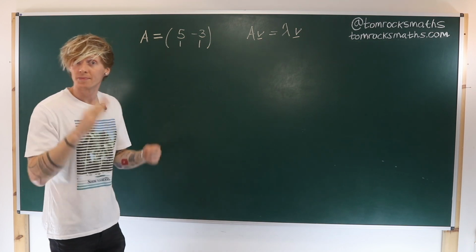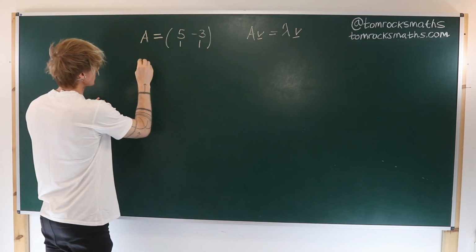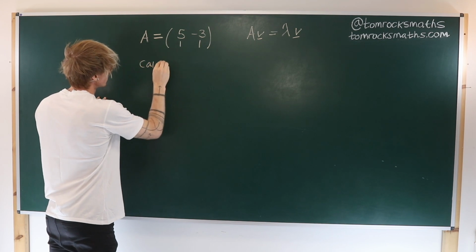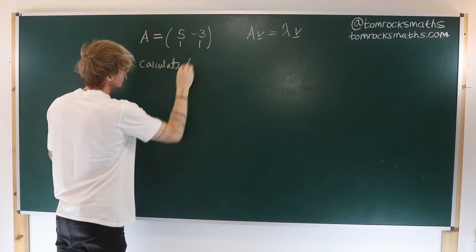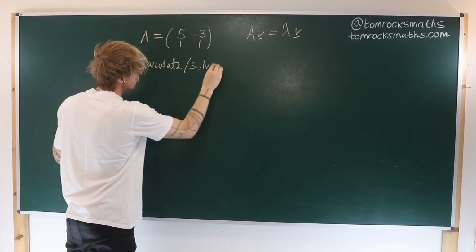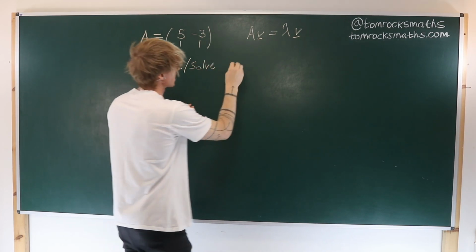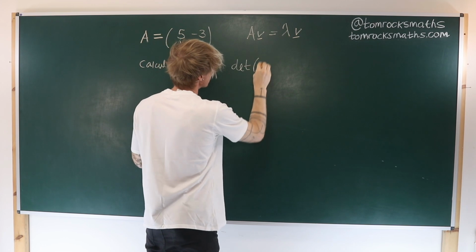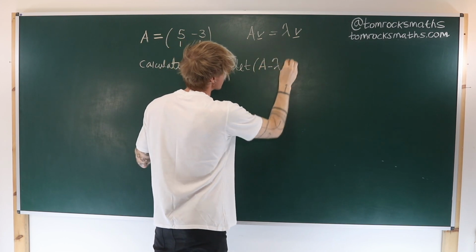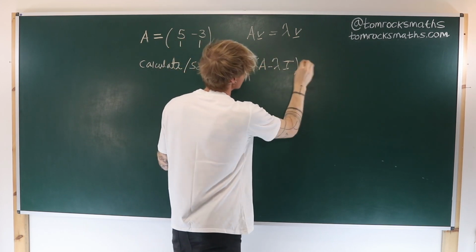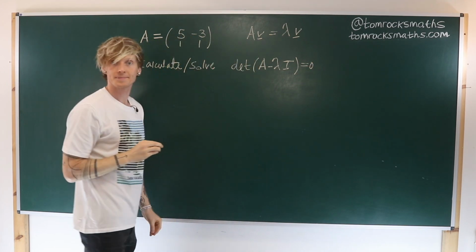Now our approach, as we've just seen, is to solve the characteristic polynomial, which is the determinant of A minus lambda I is equal to 0.